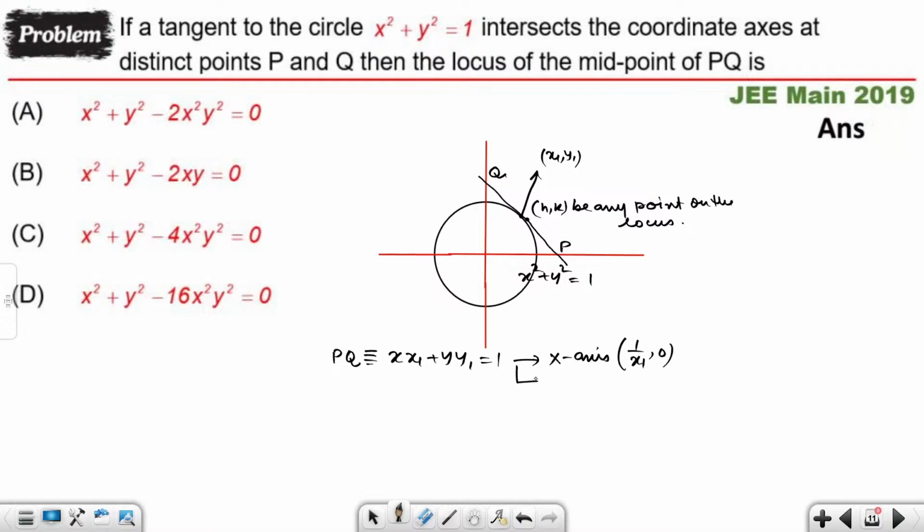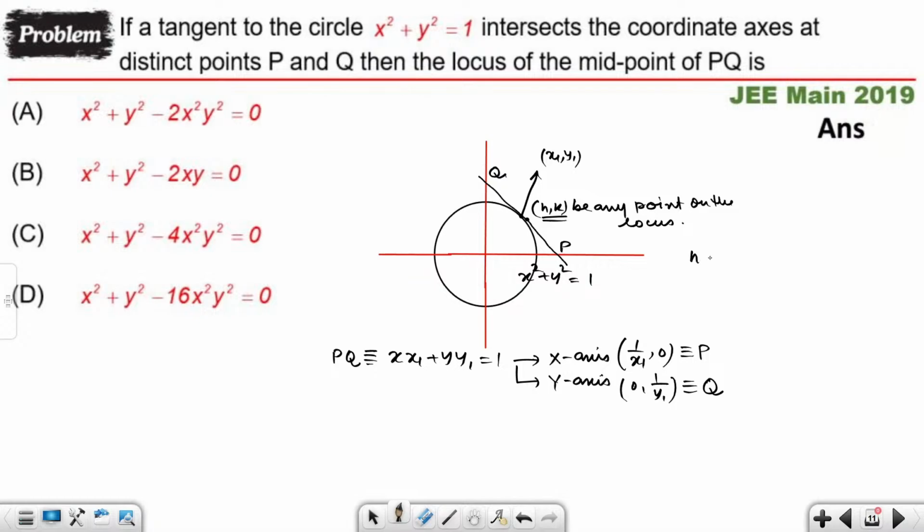And it is intersecting the y-axis, put x equals 0. So we are getting (0, 1/y1). Therefore, the coordinate of P is (1/x1, 0) and the coordinate of Q is (0, 1/y1). Now, I want to find out the locus of their midpoint, (h, k).